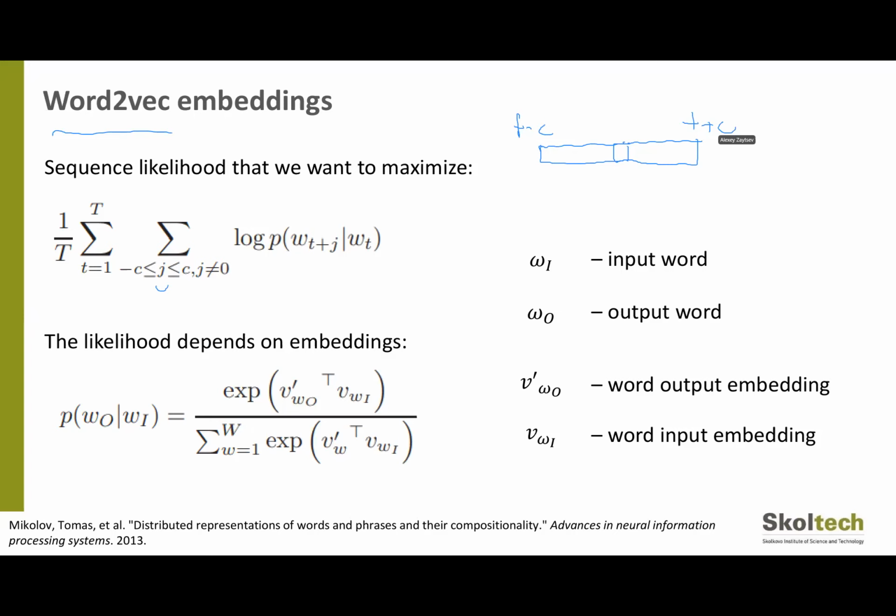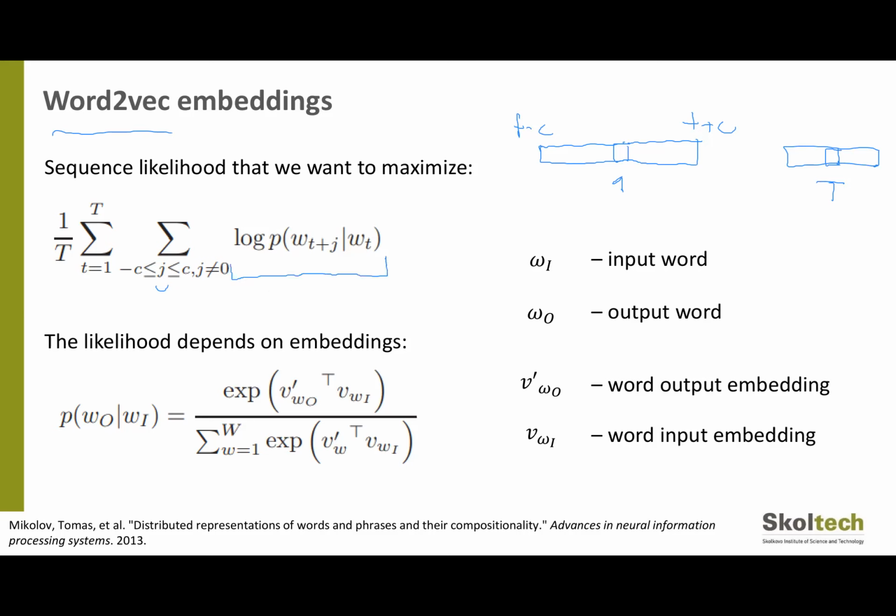And we run this approach for all other positions. So we start from 0 as the center of this window up to t as the center of this window. And we want these conditional probabilities to be high. So we maximize the probability of co-occurrence of relevant words that we learn from data. To make this work, we need to define this term.